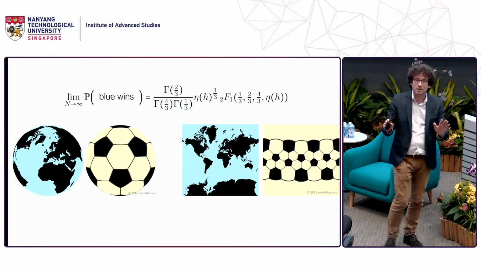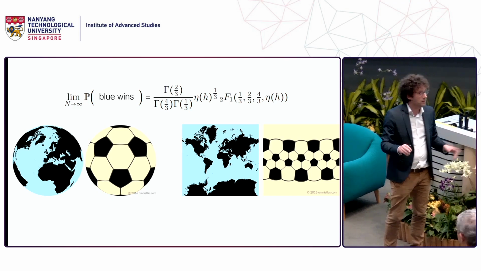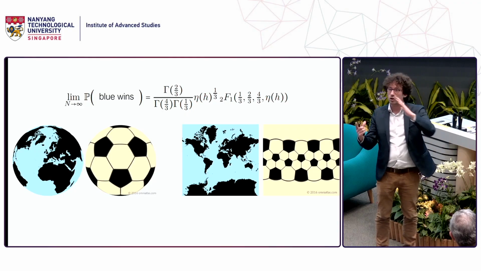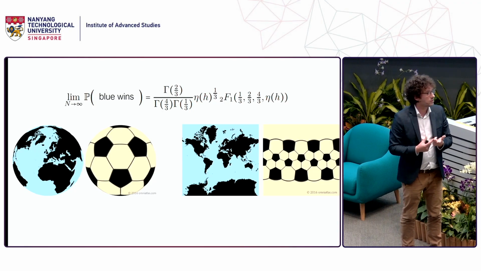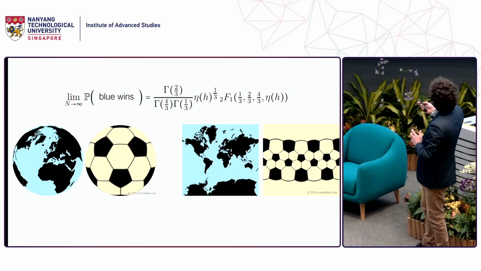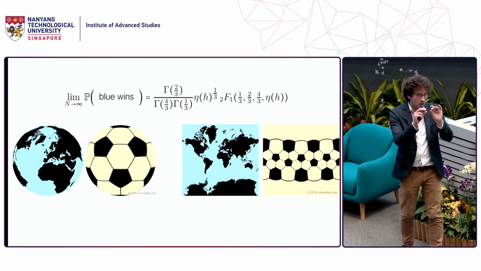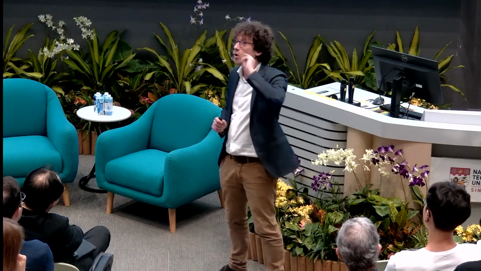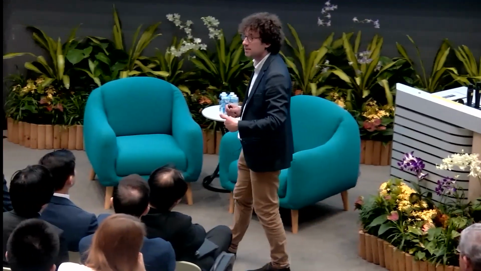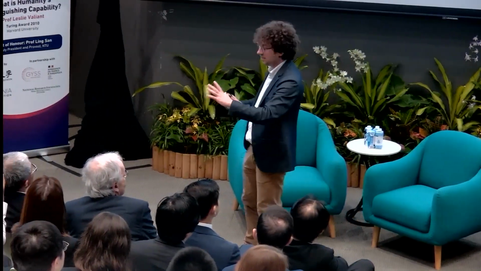A priori, it seems completely crazy that there would be such a symmetry in my system, and yet that's what happens. It's only in a limit, you see here there was a limit, it's only when the hexagons get smaller and smaller. So you take a bigger board with a certain shape, but indeed there is this emergent symmetry in the limit. This is a new property that is not true at all at the discrete level.